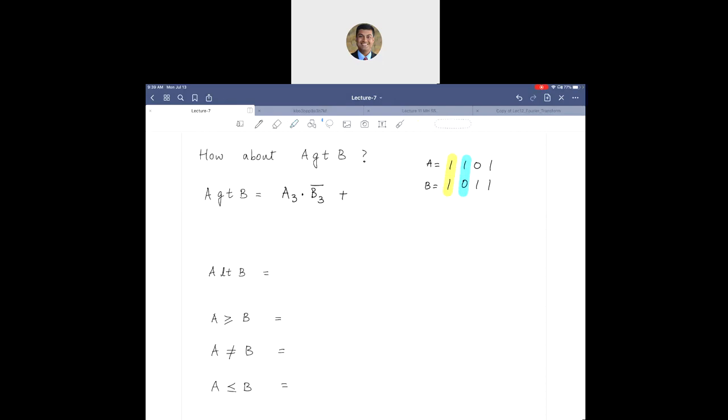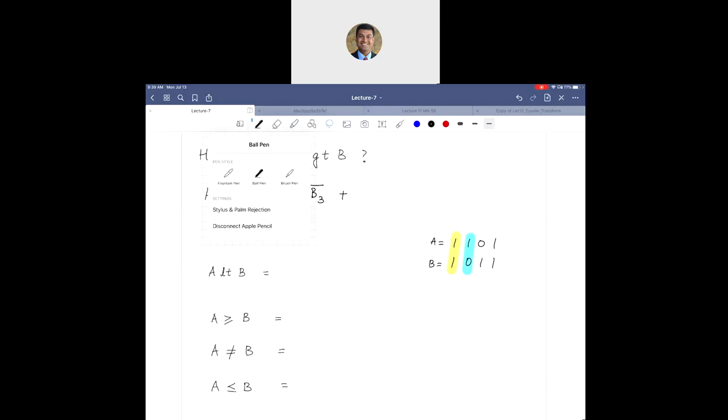So what would that mean? That would mean that if A3 equals B3, which in our case is C3, that's the condition C3 that we defined earlier, then we look for A2 and B2 complement. And similarly, you can keep going down. If A3 equals B3 and A2 equals B2, the next one would be A1, B1 complement.